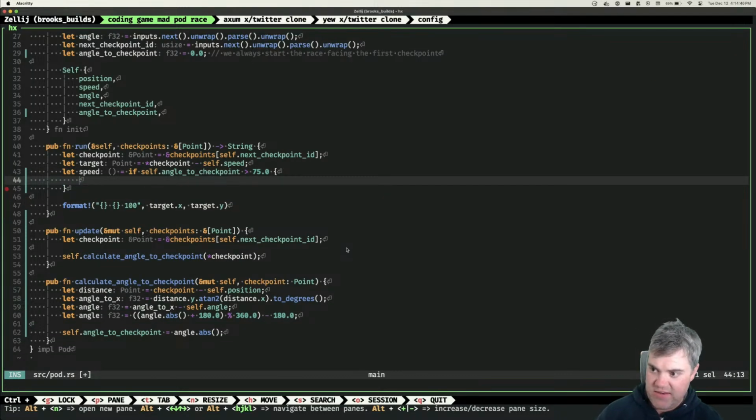So if it's greater than 75, I want to slow down. So let's multiply 100 by self.speed. 100.0 times, what is, actually we can just calculate this.